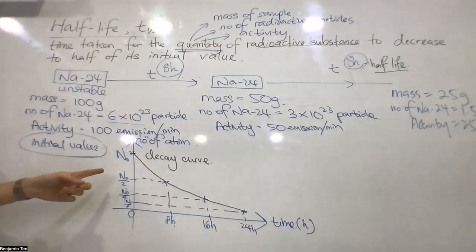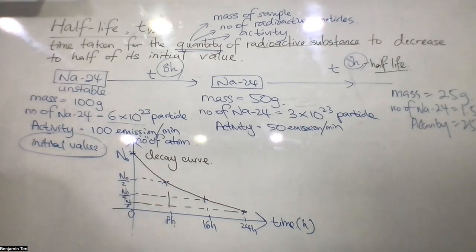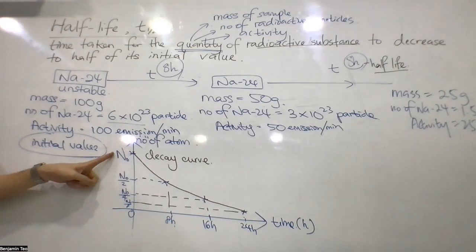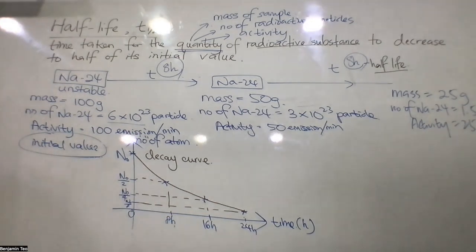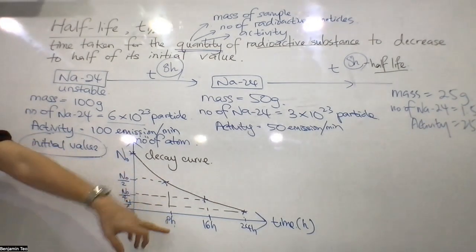Exponential decay means like this. All radioactive decay follows this curve. So if a question gives you a graph and asks you to find the half-life, how do you find it? You just look at when the quantity becomes half. Whatever the time is when the quantity becomes half, that is the half-life.